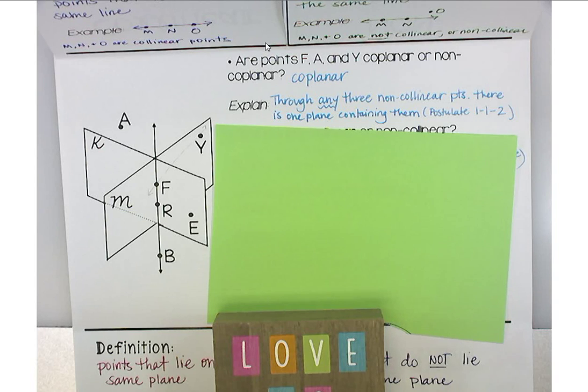I want you to go ahead and read the next 3 questions in there. You don't have to do the explain part, but go ahead and just answer those 3 questions. They're going to ask you things like, is it coplanar, non-coplanar, collinear, non-collinear?